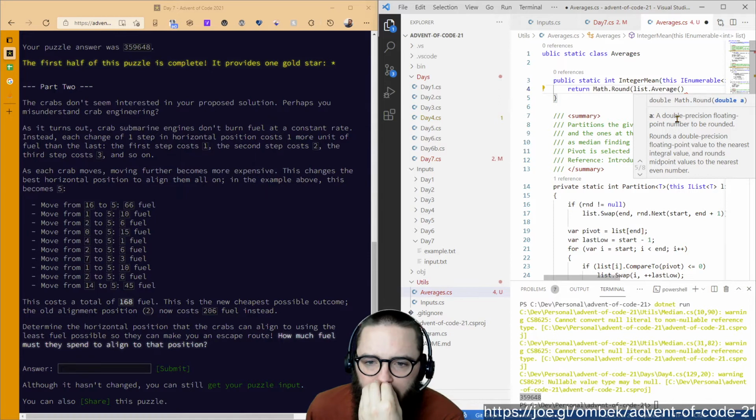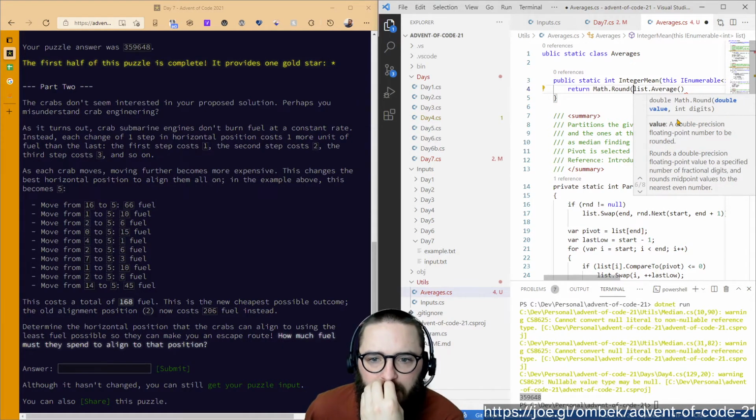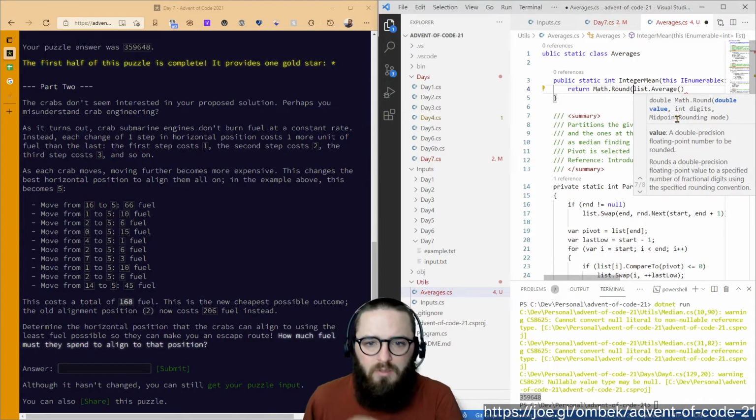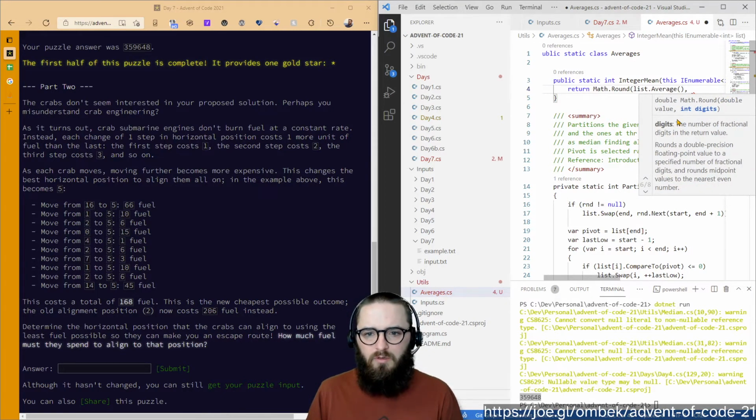It rounds midpoint values to the nearest even number. Yeah, we don't want that type of math round, do we?